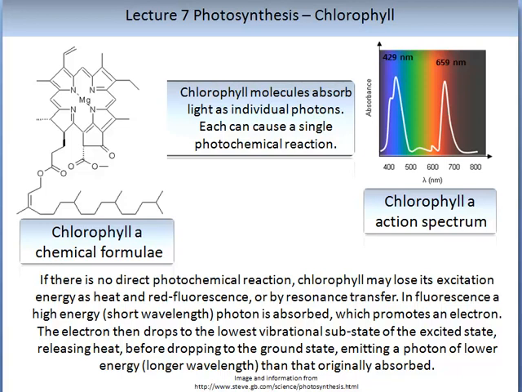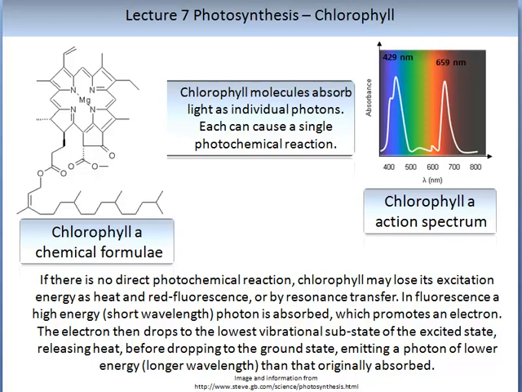Let us talk about one of these pigments, chlorophyll. This is probably the most important molecule in the light reaction. On the left-hand side of the screen, you will see the molecular formula for chlorophyll. And as I'm sure you can see, it is a very complicated compound. On the right-hand side of the screen, you can see what's called an action spectrum of chlorophyll A. Action spectrums are visualizations of where light is absorbed.